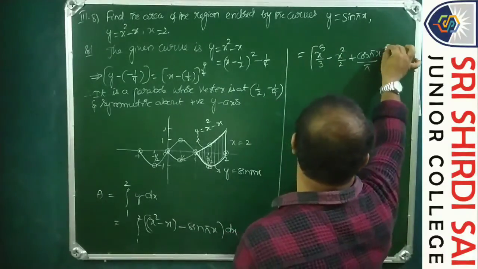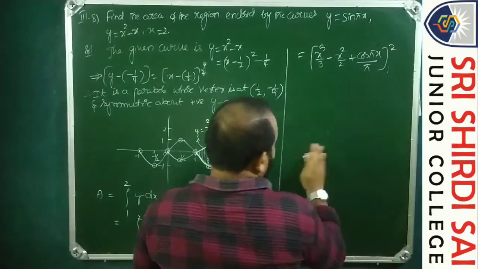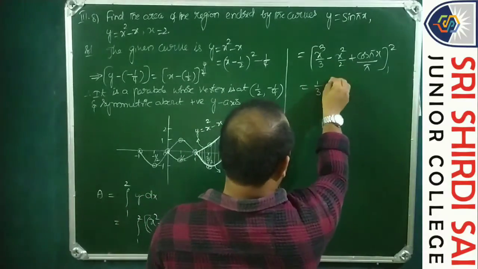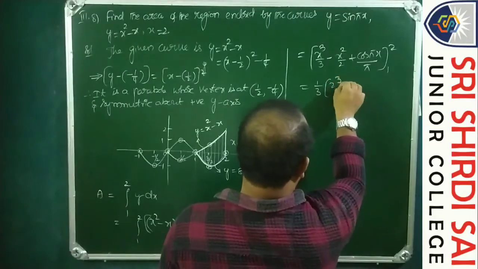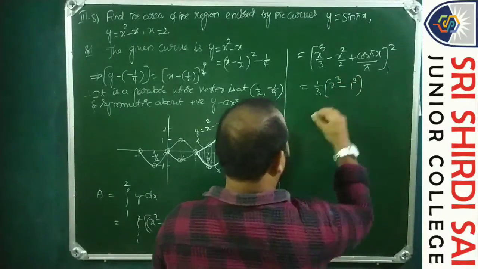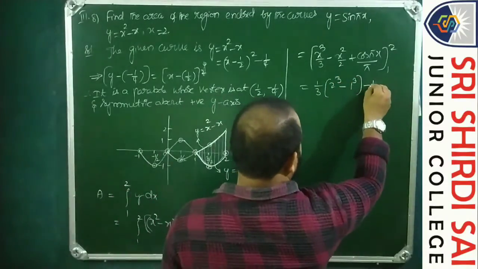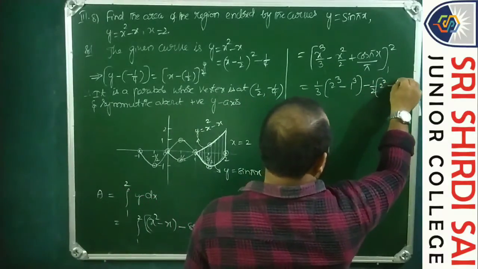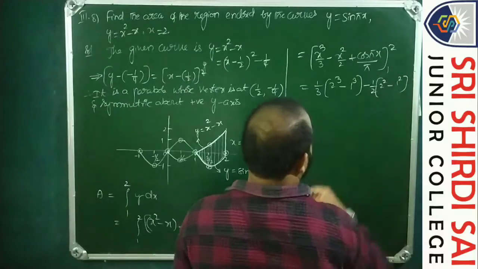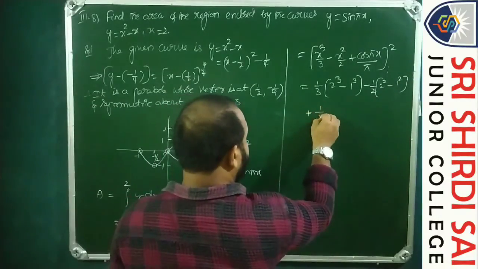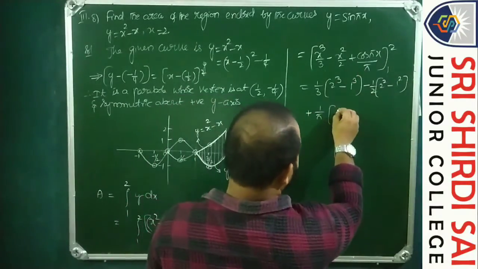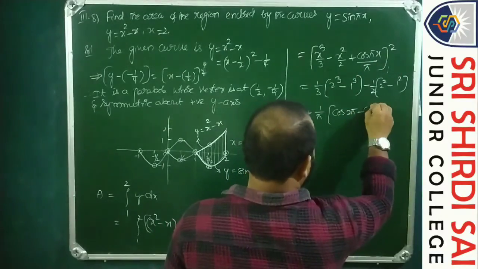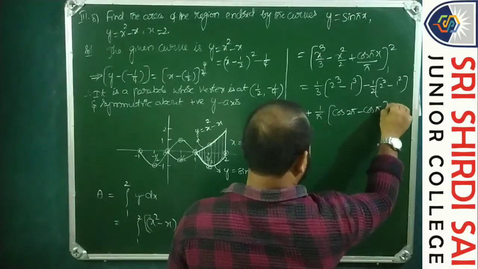Now the limits 1 to 2: 1/3 into (2³ - 1³), minus 1/2 into (2² - 1²), plus 1/π into (cos 2π - cos π).